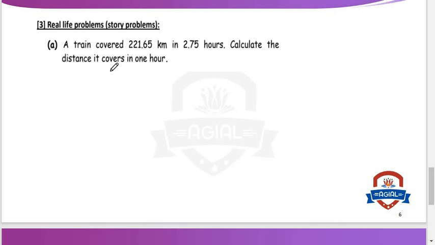How can we find the distance in 1 hour? We will use long division. But before you use long division, the divisor must be a whole number. So we will write 221.65 divided by 2.75. This divisor must be a whole number.